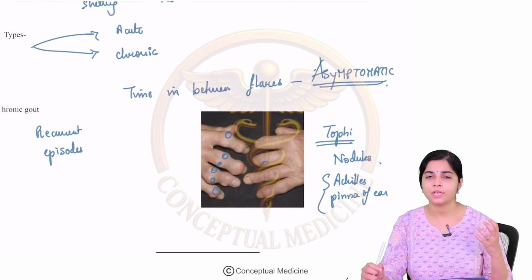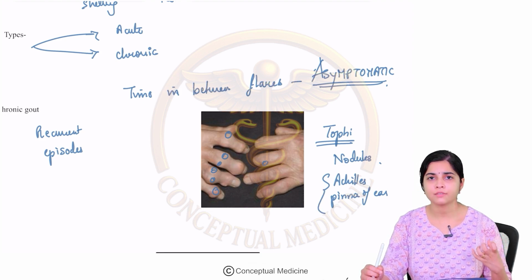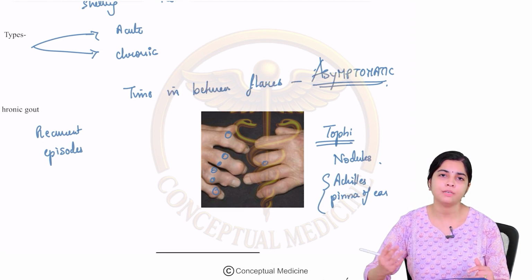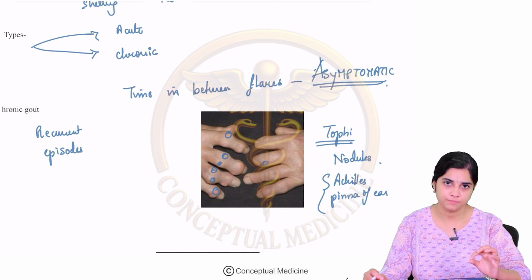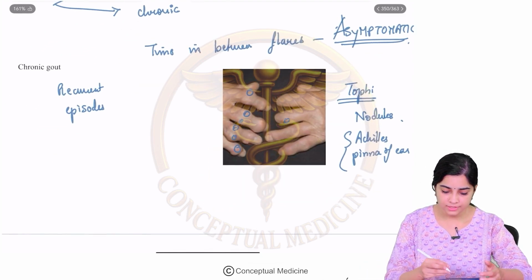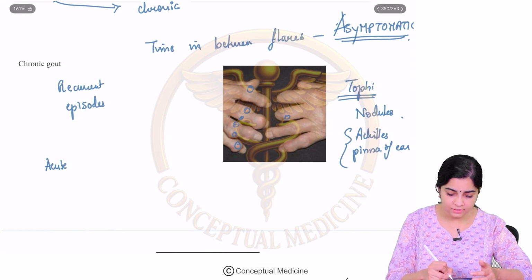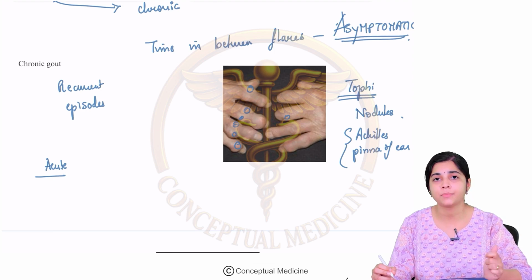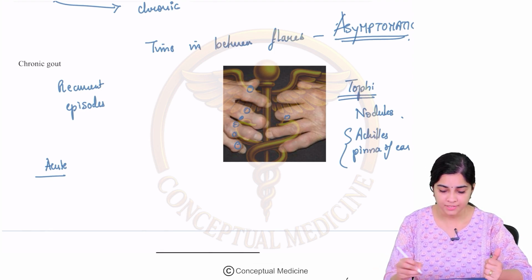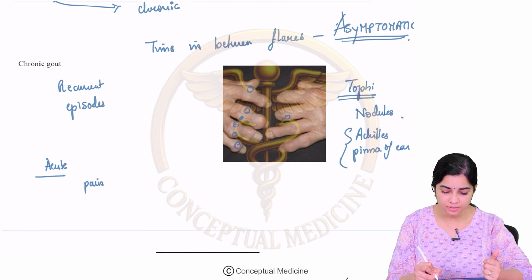Okay, so acute gout, you have severe excruciating pain, then in between the flares they can be normal, and over the course of time they can also go on to form something called chronic gout. Okay, now how do you describe your acute gout? We have understood your acute gout basically comprises an excruciatingly painful monoarthritis. Now, how will the pain be? The pain usually starts from 2 to 4 hours and it peaks by 12 hours.